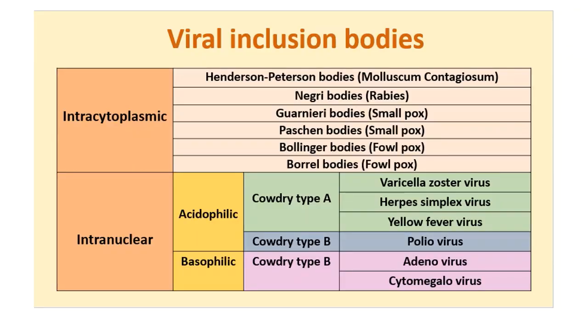So now coming to the viral inclusion bodies. These viral inclusion bodies can either be intracytoplasmic or intranuclear. Intracytoplasmic viral inclusion bodies include the Henderson-Paterson body of molluscum contagiosum, Negri bodies of rabies, Guarnieri bodies of smallpox, etc. The intranuclear inclusions can either be Cowdry type A or Cowdry type B. Cowdry type A includes varicella zoster, herpes simplex, and yellow fever, whereas Cowdry type B can either be eosinophilic or basophilic and can be those involving the poliovirus or the adenovirus and cytomegaloviruses.